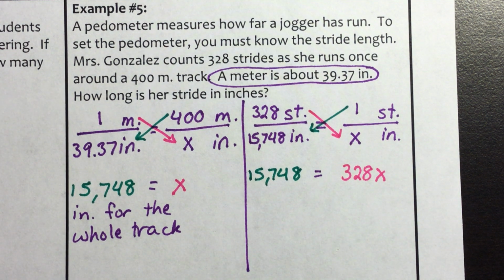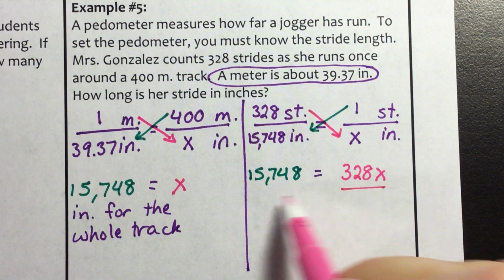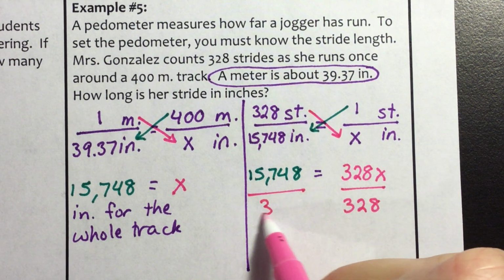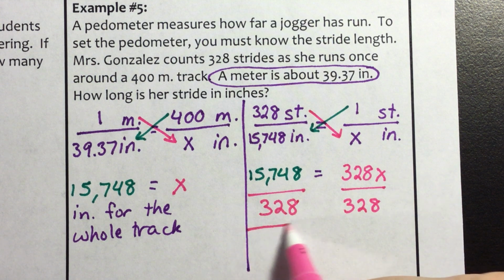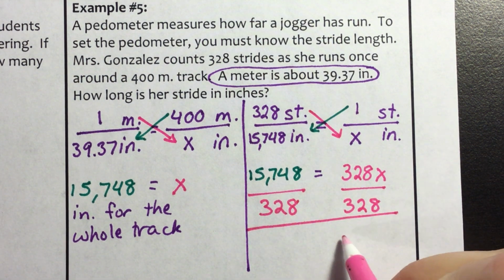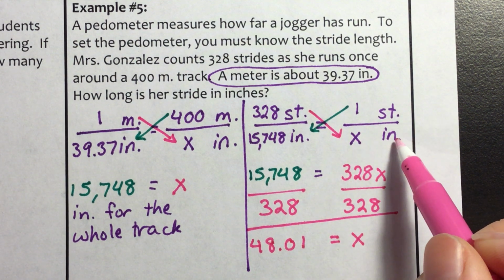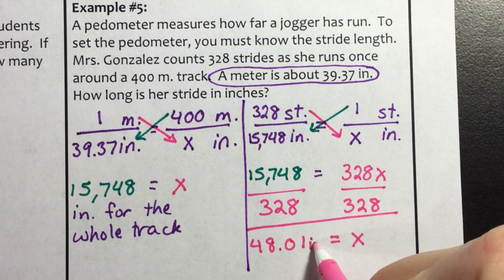Okay, you've got a one-step equation now. So let's divide both sides by 328 to get x isolated. So our right-hand side is just x, and our left-hand side is 48.01. X from our problem was labeled in inches, so this is inches as well.